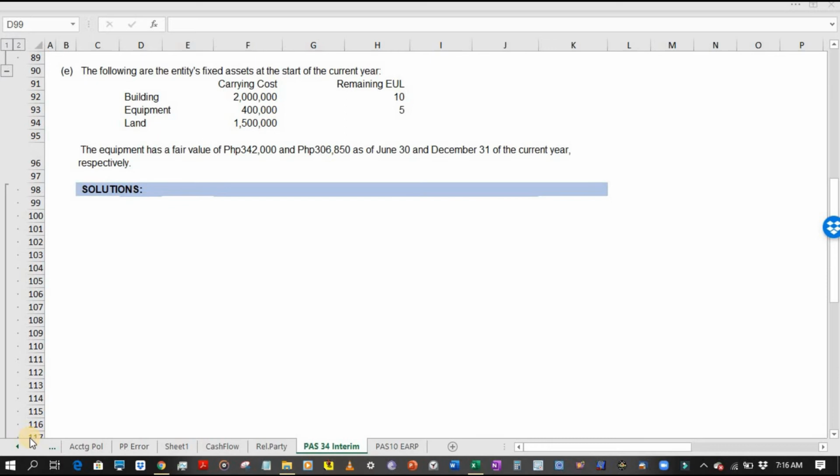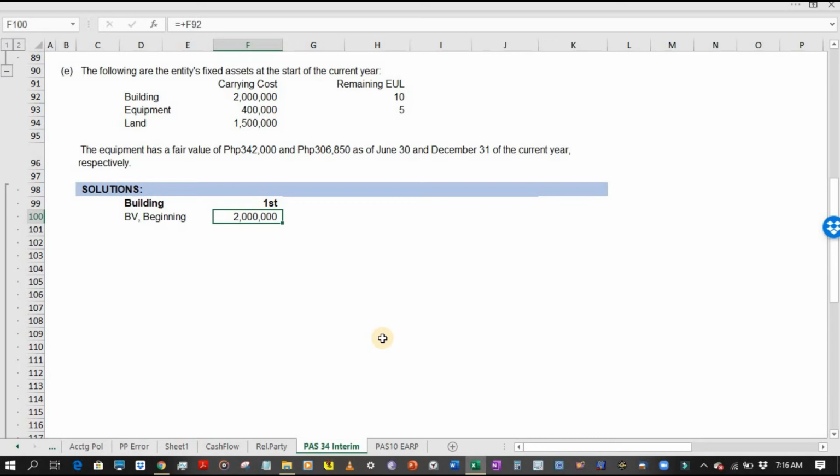For the building, for the first quarter, our book value at the start of the year is 2 million pesos. To compute the depreciation for the first quarter, this will cover 3 months. So that will be 2 million divided by 10 years times 3 over 12.